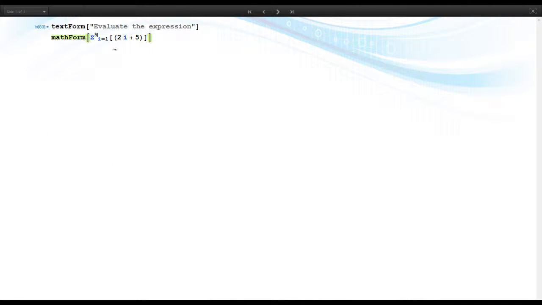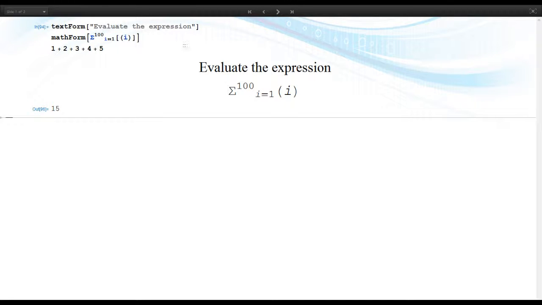So if we were doing the sum of 1 to 100 of i. Now, I could, if I were patient, write 1 plus 2 plus 3 plus 4 plus 5, and so on. That would be exactly what this expression means, the sum from 1 to 100 of i. Of course, I'd have to actually stop at 100.